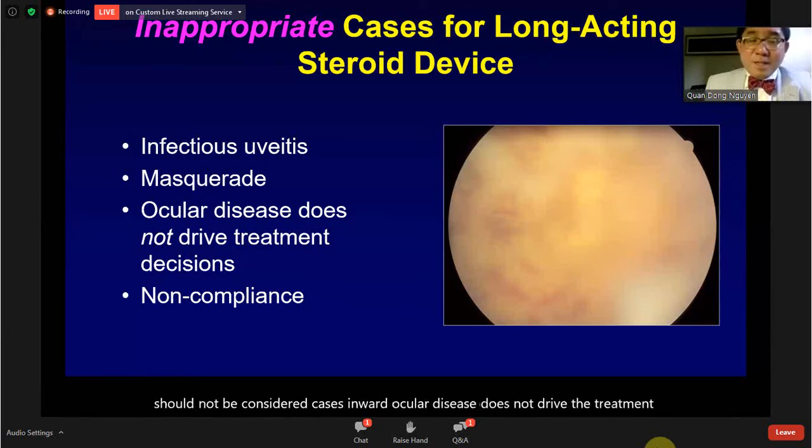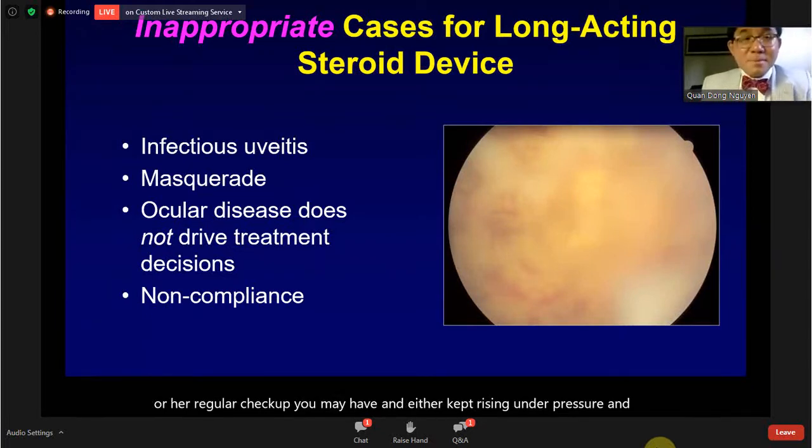And if the patient has been non-compliant and you say, well, since you've been non-compliant, I'm just going to put an implant in you to make sure that it's under control, that is a bad decision, because if the patient doesn't come back for his or her regular checkup, you may have an eye that has a rise in intraocular pressure, and then you will lose vision from that.